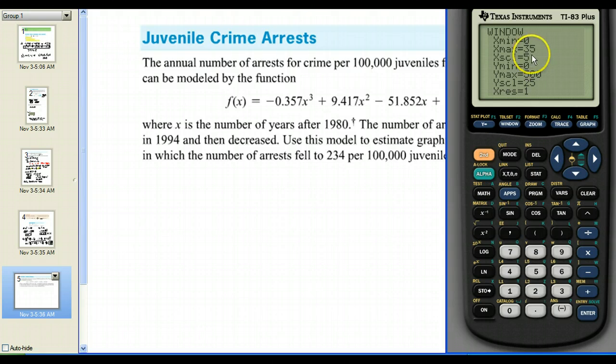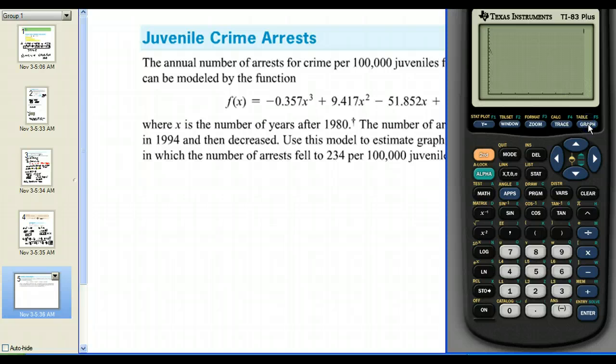Then an x scale of 5, minimum y of 0, because we're looking for things above the x-axis. For the max, I did 500, just playing around until I found the right window.